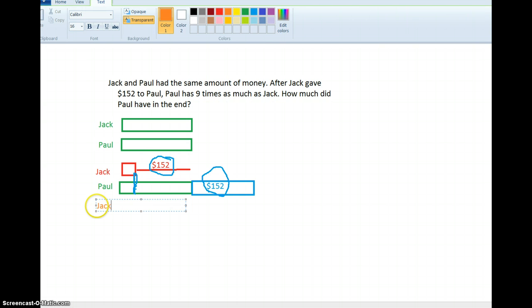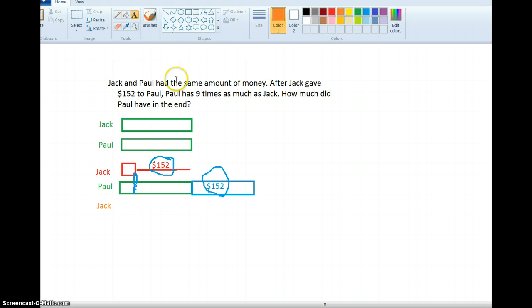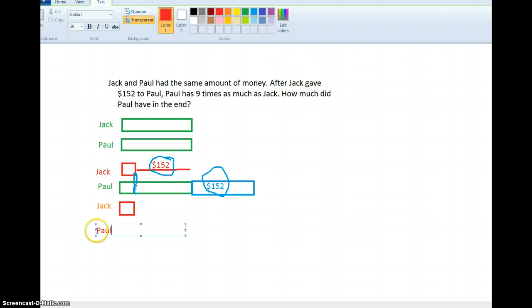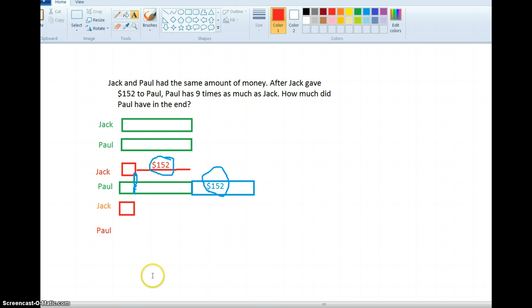So, Jack would have had 1 unit. And Paul would have 9 units. Alright?